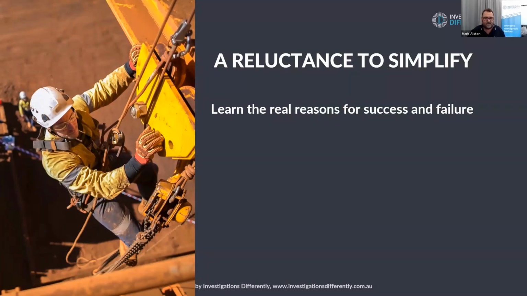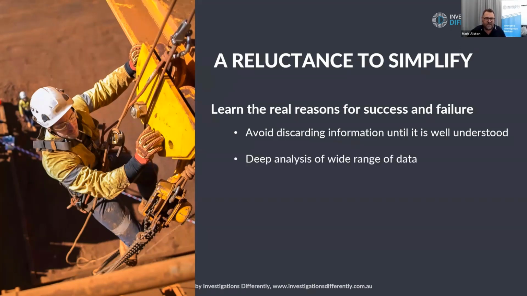This is what we're trying to achieve. They avoid discarding information until it's well understood. We don't just look for that simple explanation, right? We want a deep analysis of a wide range of data. So not just investigating, but learning about the work. What's everything about the work and the context of the work? That's that data we're talking about.